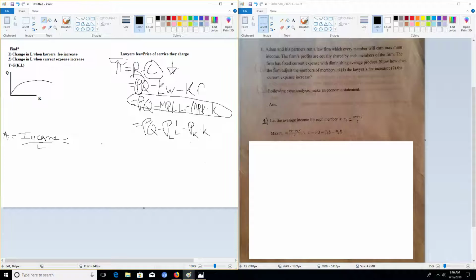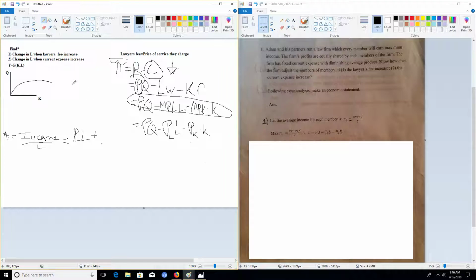So that's going to be P sub L times L, plus profit as well, right? Is it total profit? Yes. People might be thinking profit is what's left of revenue after costs, right?